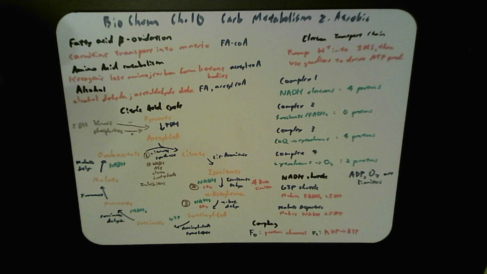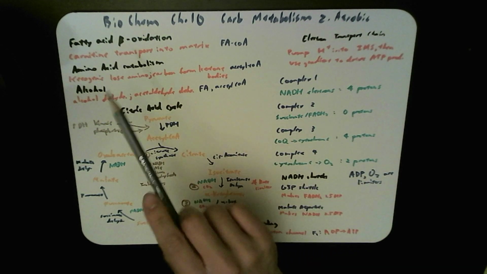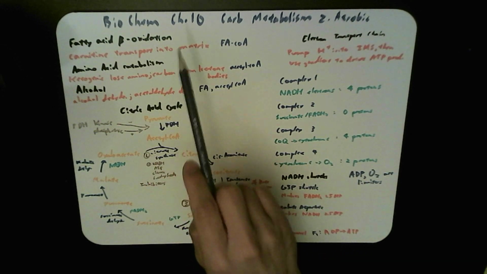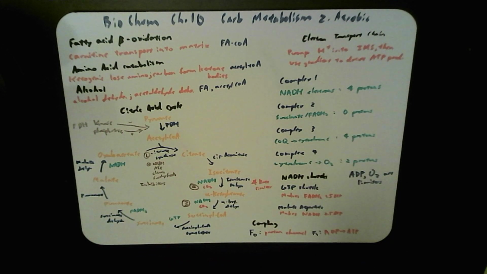As we may know, the pyruvate generated from glycolysis has to go somewhere, and mainly into the citric acid cycle. Before that, let's talk about how fatty acid beta oxidation, amino acid catabolism, and alcohol can also come into play.